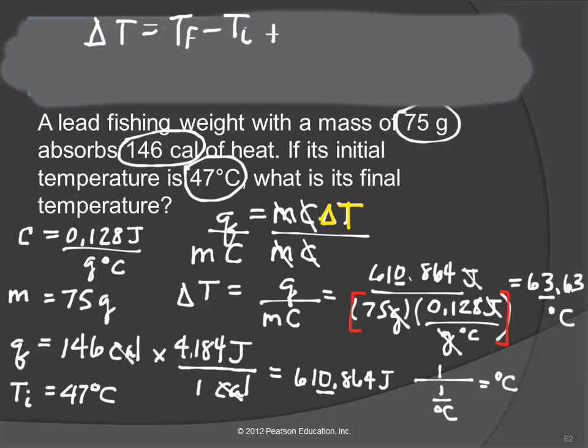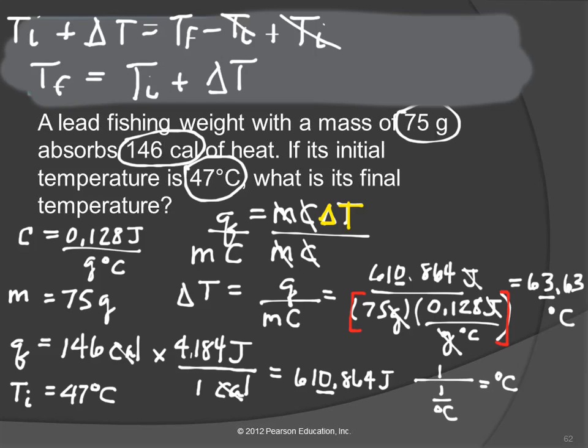So we would need to add T initial to that side and add T initial to that side. Ti minus Ti is 1. I'm sorry, 0. It's not 1. So the final temperature is the initial temperature plus the change in temperature. That makes sense, doesn't it? Where you started plus the change.